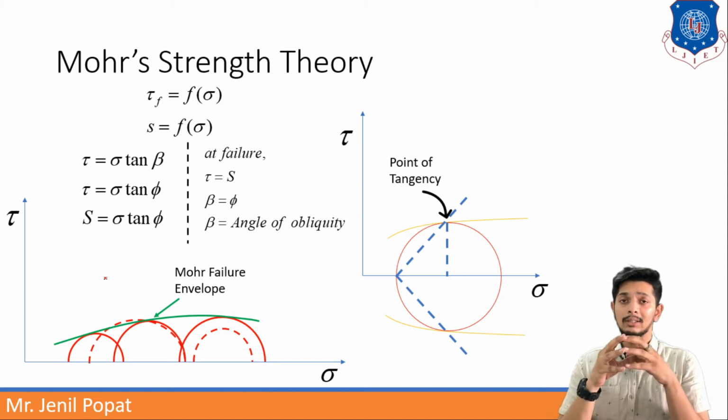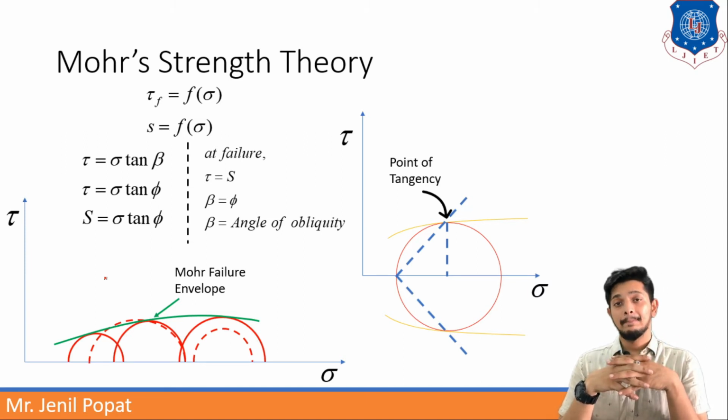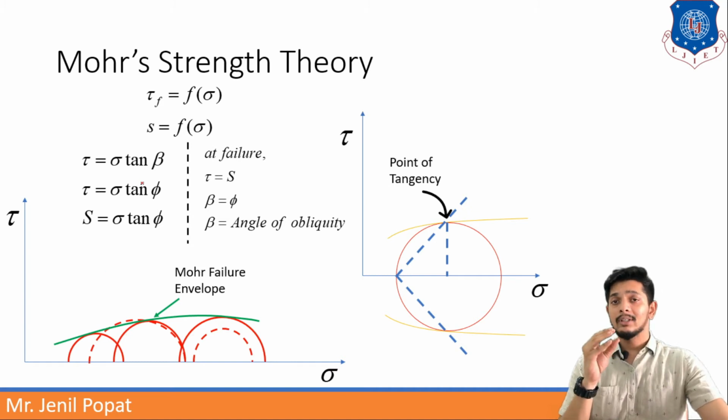Many types of soils were tested, given pressure, taken to failure, and one failure envelope was prepared from that, and from that hypothesis Mohr's strength theory was derived. The other graph shows the point of tangency. If this is your Mohr circle, the point of tangency with Mohr's failure envelope shows failure of this particular soil. So this is all about Mohr's strength theory.